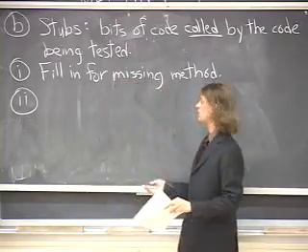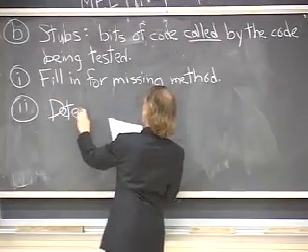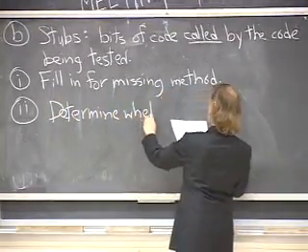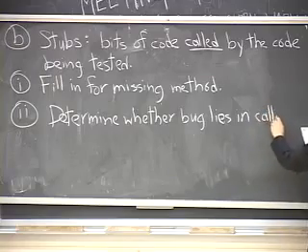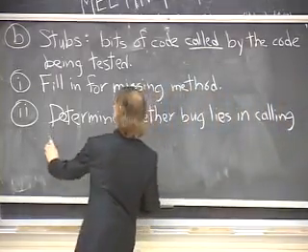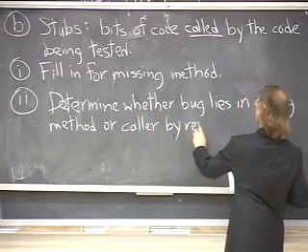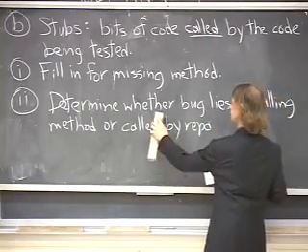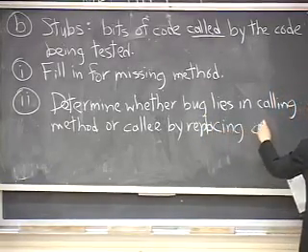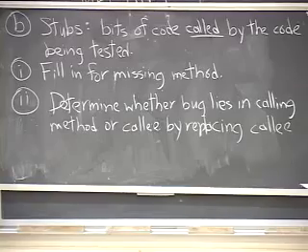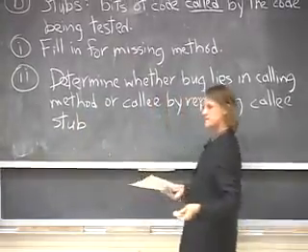And how can you figure that out? Well, one way is you determine whether the bug lies in the calling method or the caller by replacing the callee with a stub that's very simple and never returns a null pointer, but just returns something stupid that's not a null pointer, for instance.